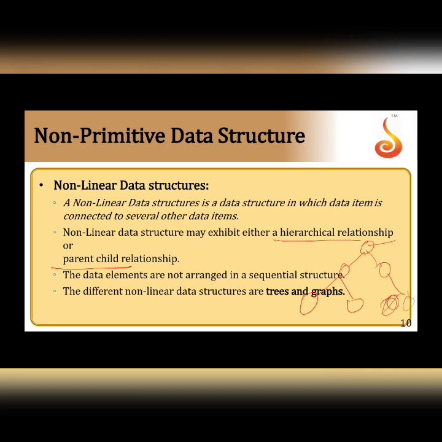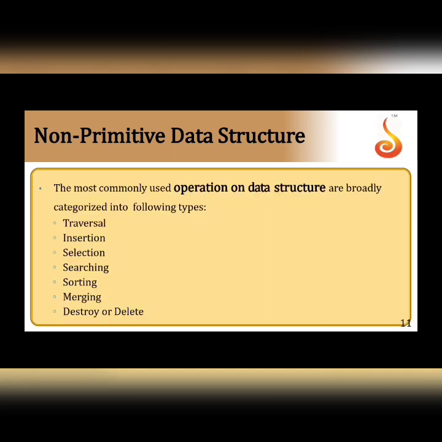So it will have a parent-child relationship or a hierarchical relationship, and the elements are not arranged in a sequential order. The different non-linear data structures are trees and graphs. Please have a look.